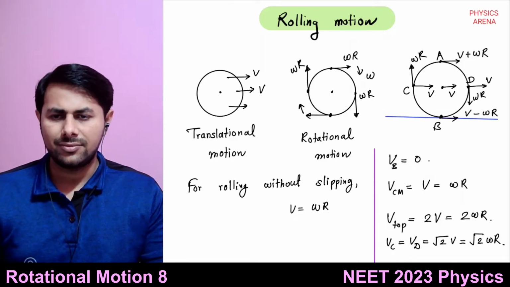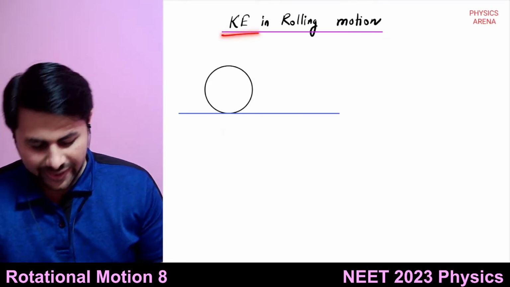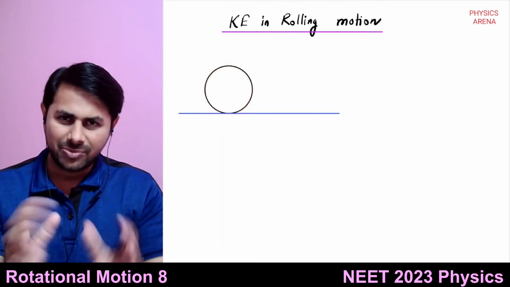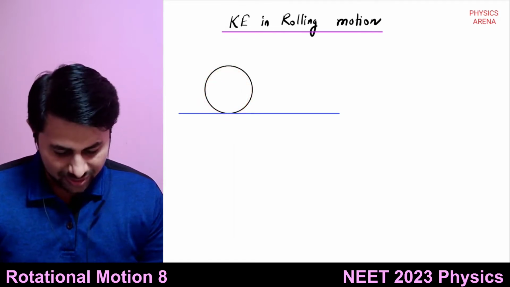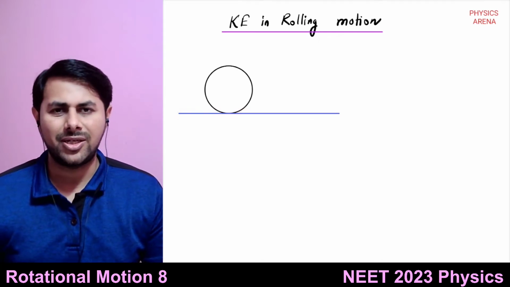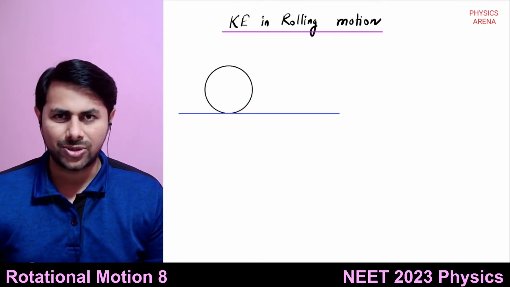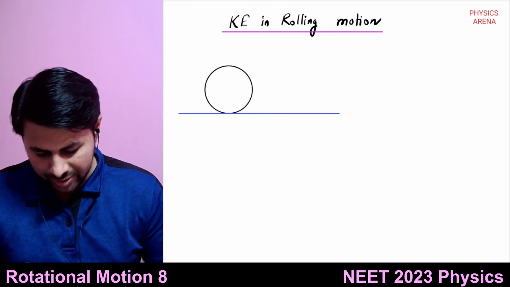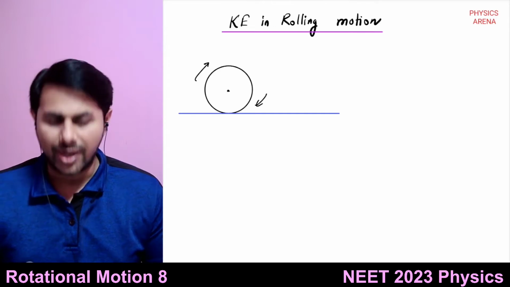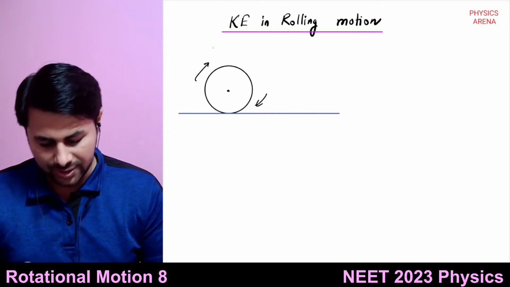Is it clear? So let's see the kinetic energy of rolling motion. This body is performing rolling motion. We have seen rolling motion is a combination of translational and rotational motion. So if this body rolls, it will have two types of kinetic energies.